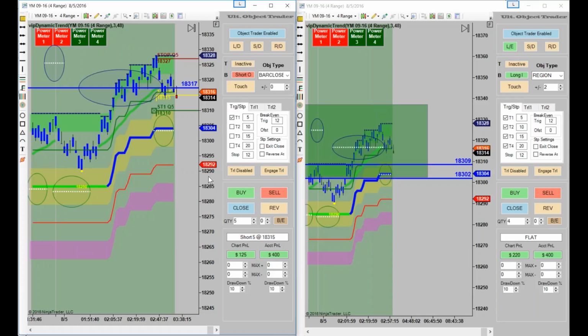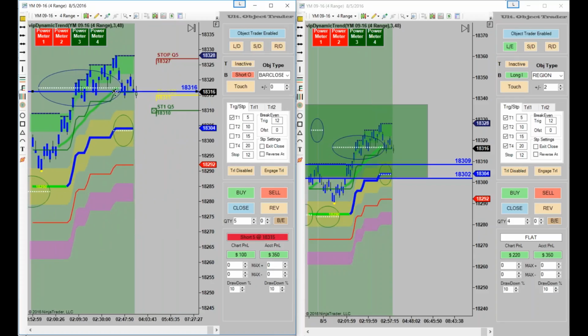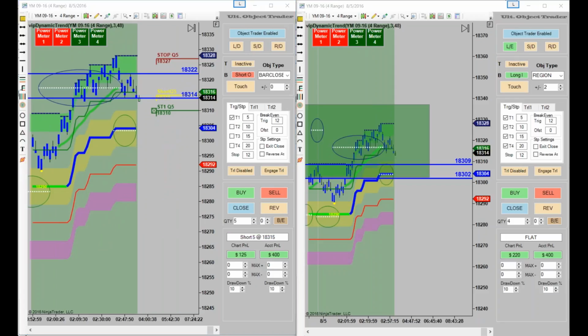Got a tick. Remember, as soon as it closes below this right here, my stop's going to go right there. Just like that, but not yet. See if we can get it to close. Closed on it. See what I'm talking about?